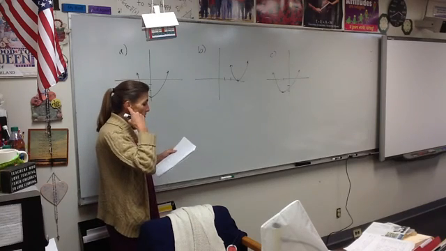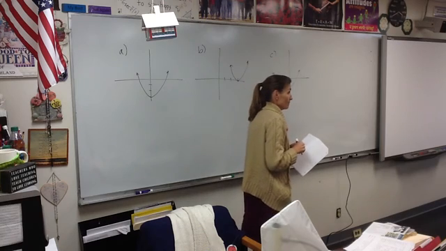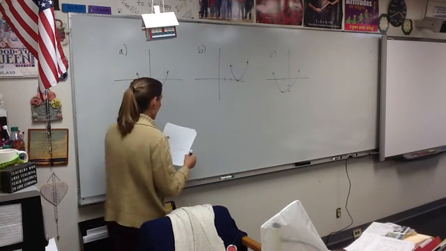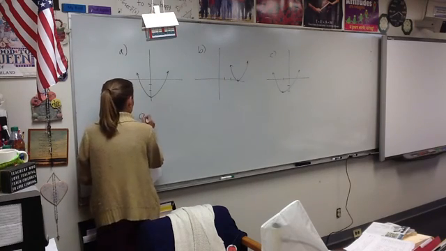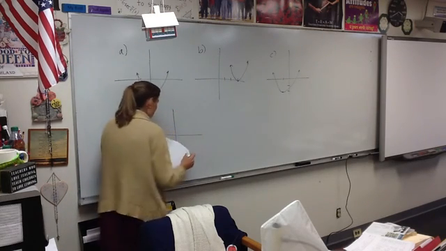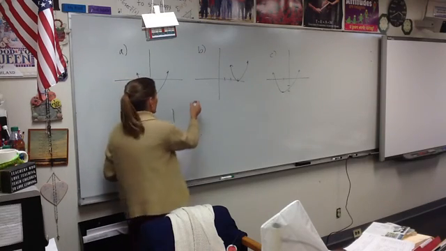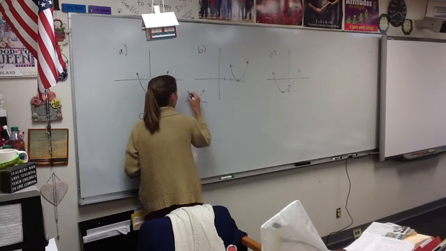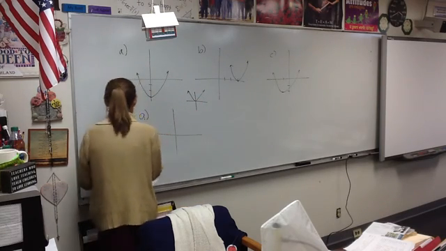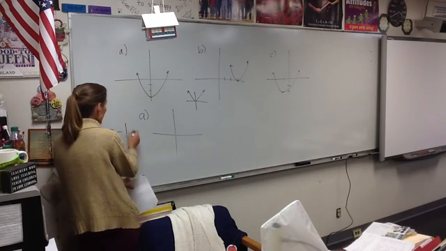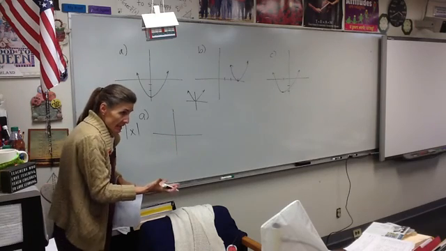All right, now, part 2 deals with negatives. Now, we've already talked about the negatives, like in letter A. What shape is an absolute value? It's a V. So the normal shape will look like that. What does putting a negative out in front of the equation do? It turns you upside down.